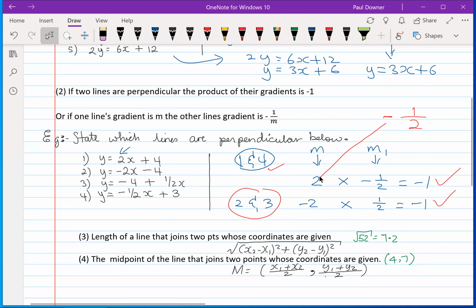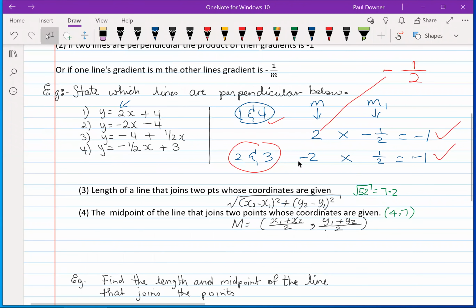So if we take 2, invert it, put 1 over it, and then multiply by minus 1 like stated here, we get this answer, which is the gradient of line 4. So that's another way you can test to see if two lines are perpendicular. If one line's gradient is m, the other line's gradient is minus 1 over m. If one line's gradient is 2, the other line's gradient is minus 1 over 2. So that's also a test you could have performed. So that was good, Rena. You see, these two would be the perpendicular lines.